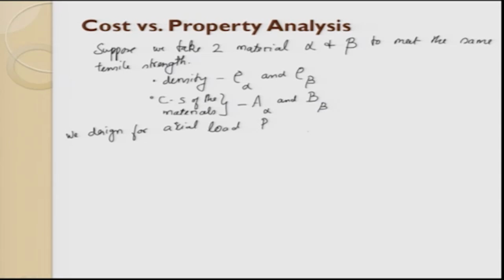What are we trying to do? We are trying to do a beam analysis with respect to cost. So the cross section area required for the beam is, for A alpha, load by sigma alpha.